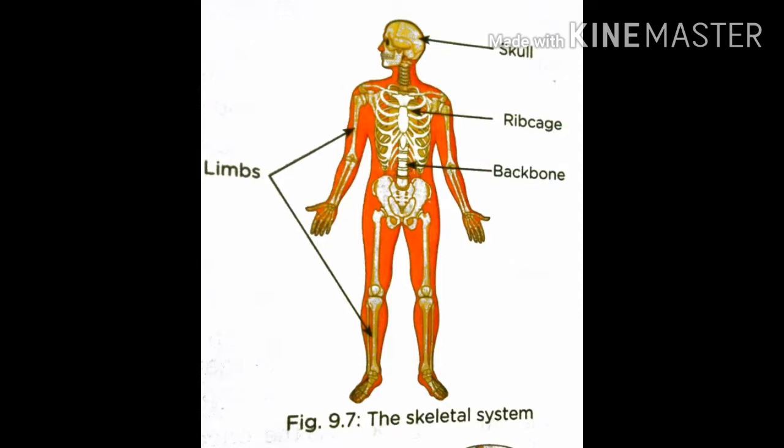Now we'll see the parts of the skeleton. The human skeletal system consists of the skull, the backbone, the ribs, two pairs of limbs and two pairs of girdles.